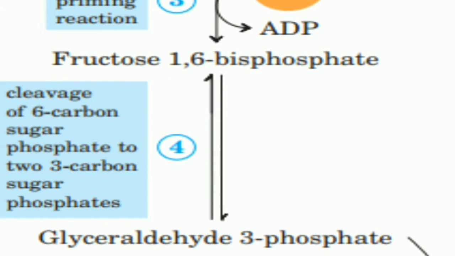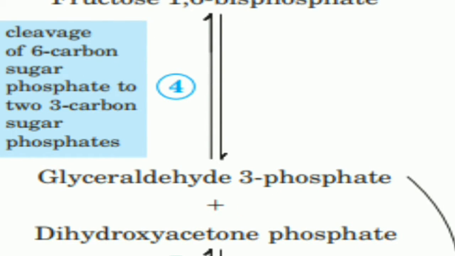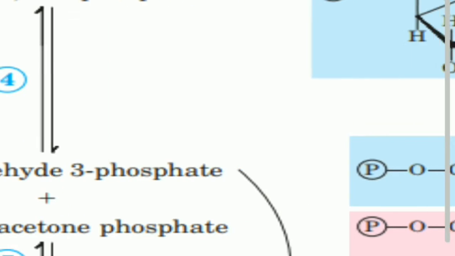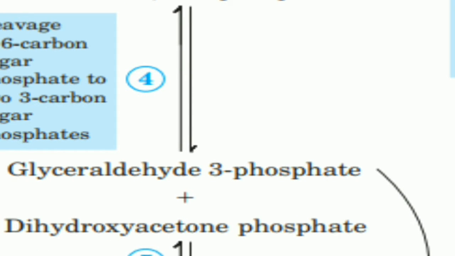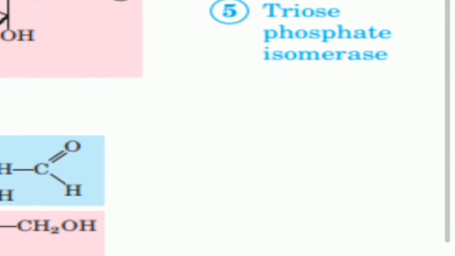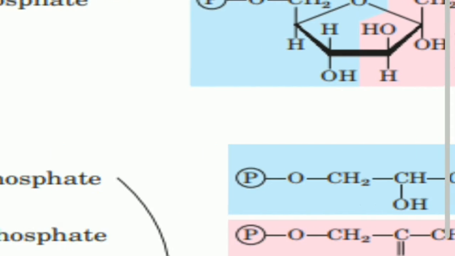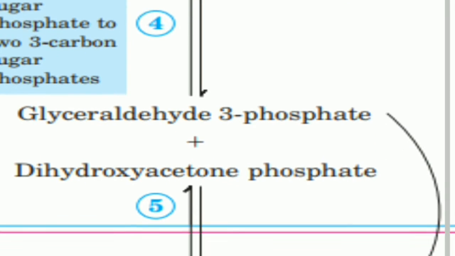In this reaction, the 6 carbon intermediate is converted into two different intermediates, glyceraldehyde 3 phosphate and dihydroxyacetone phosphate. These two forms are 3 carbon forms. The enzyme aldolase has a vital role in producing these forms.